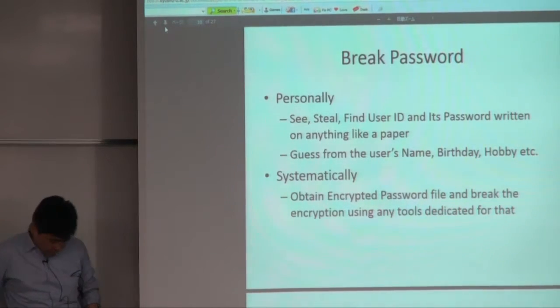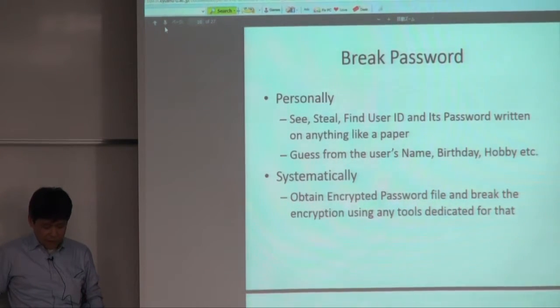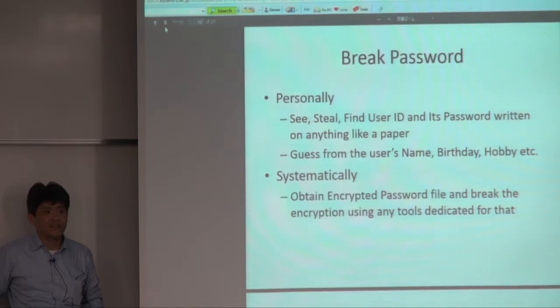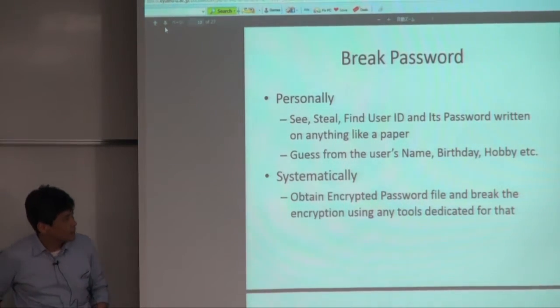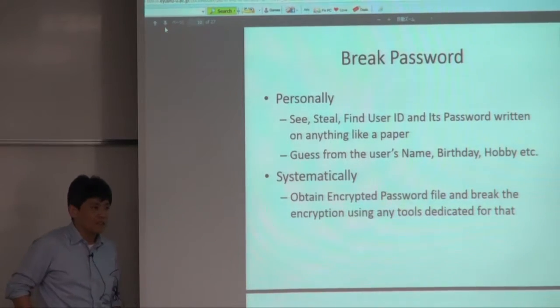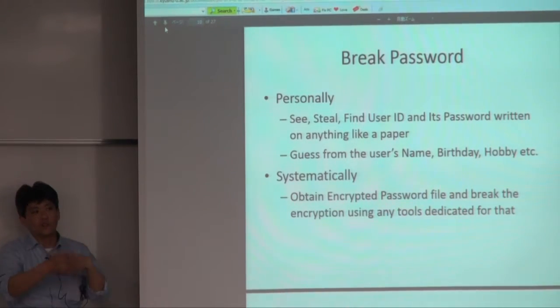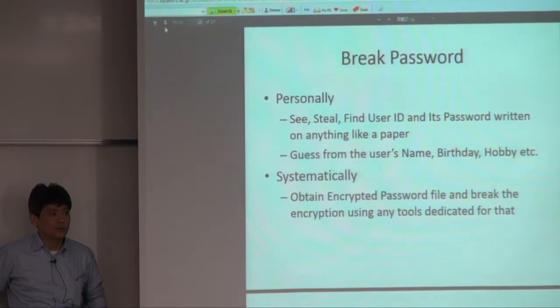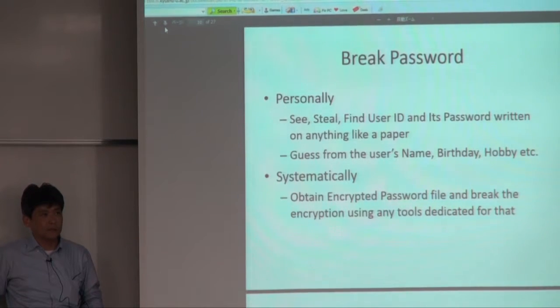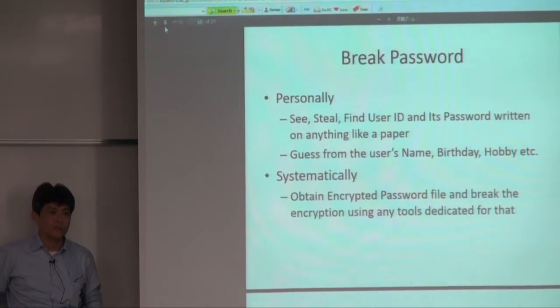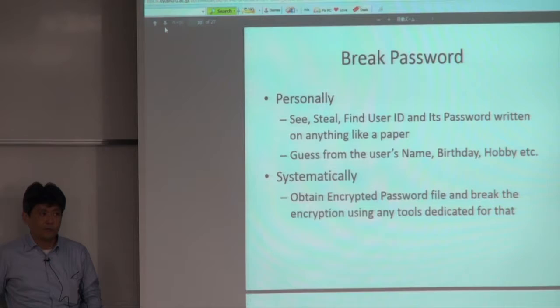However, there is some dedicated software to break such an encrypted file. Using such software, the bad person can decrypt the content of such a file, and finally can find your password from the password file.